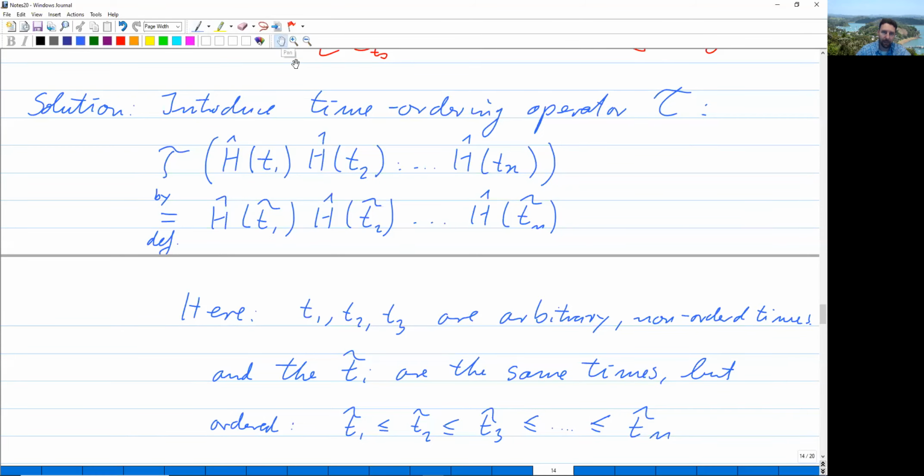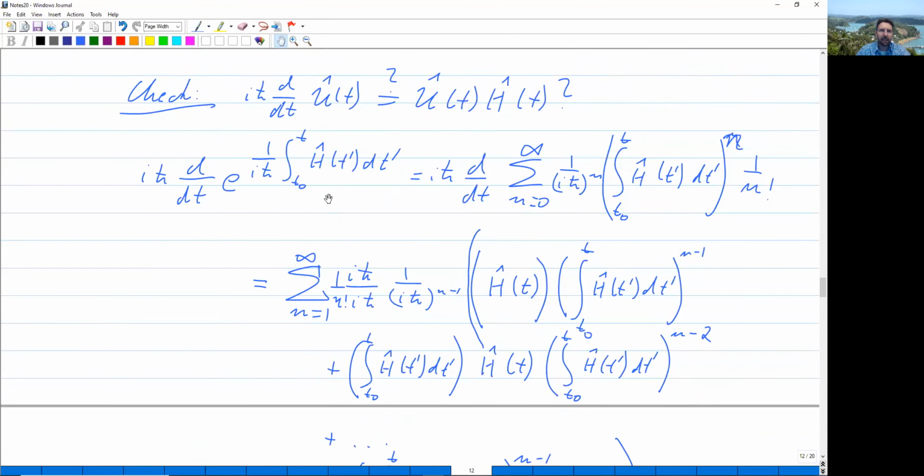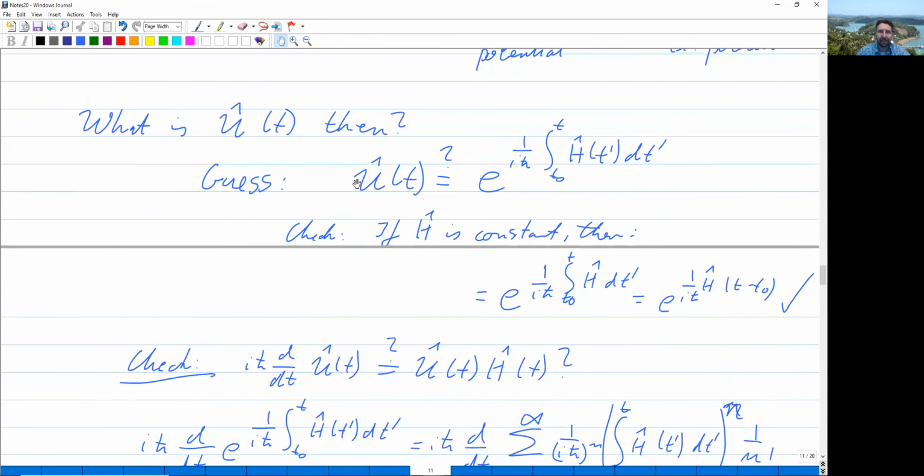Now, why would that come up? Well, remember that this was our ansatz here. This was our idea for what the time evolution operator could be, right? So we said maybe the time evolution operator is this one. And then we found there's a problem, because when we write this out as a power series, the Hamiltonian can occur anywhere between those integrals where it doesn't commute with the integrated thing, right? Or look at it differently.